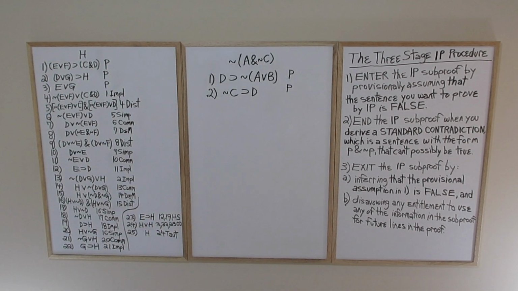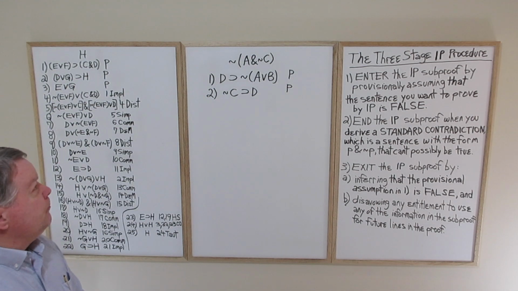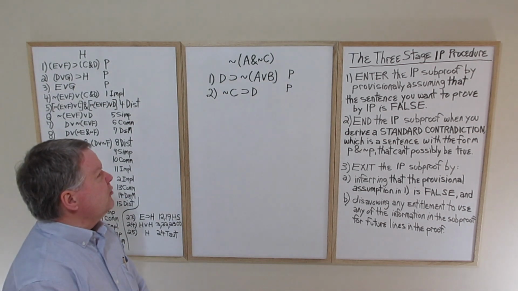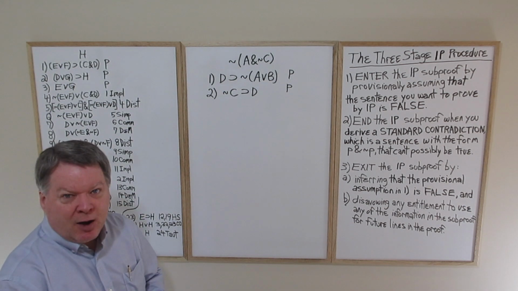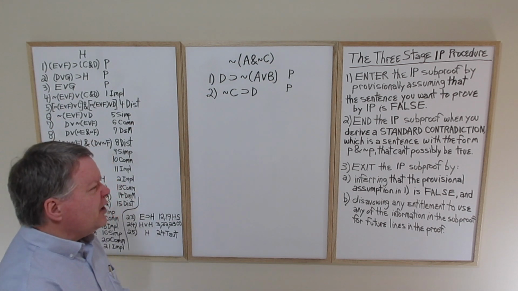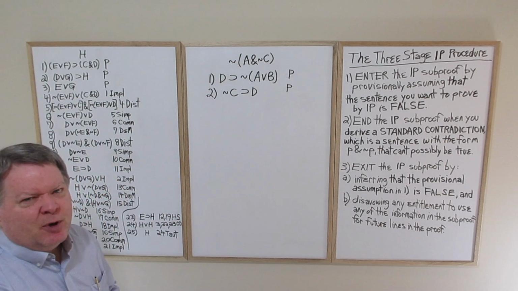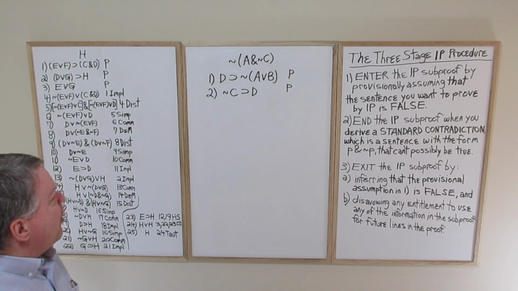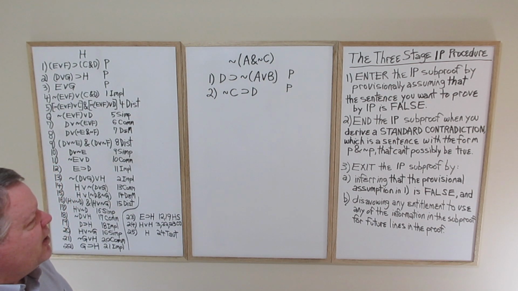Here's another example of an argument where an IP will be useful. This argument is going to allow us to demonstrate the other version of IP. You don't really need two versions, but most textbooks have both options as far as the IP subproof procedure goes.